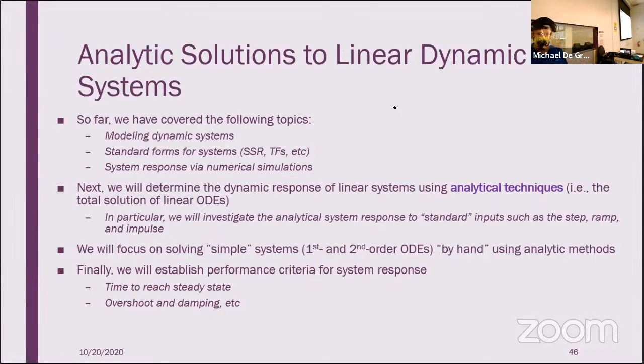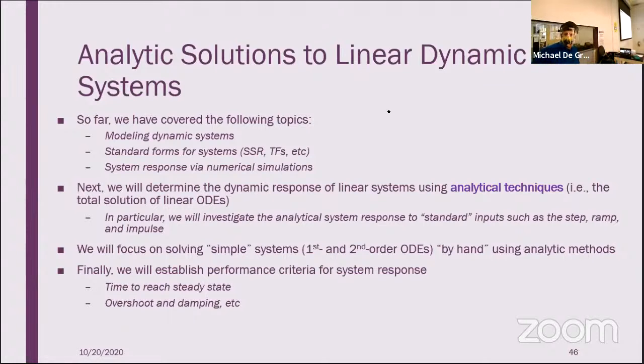So as of right now, we have covered modeling, the standard forms of systems, and system response via numerical simulation. Not really. That's what the book says, but the book does these chapters out of order, so we haven't really done that yet.